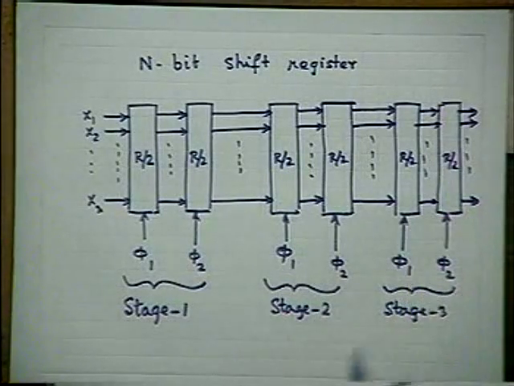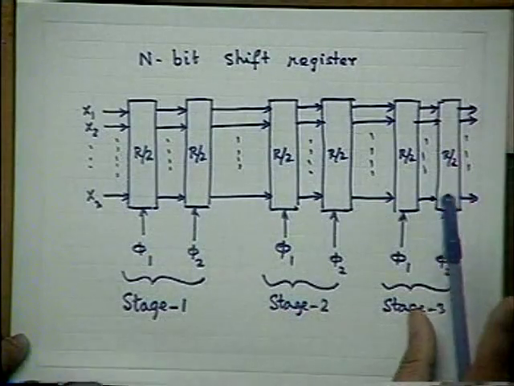You just see that by suitably cascading, we form the n-bit register.